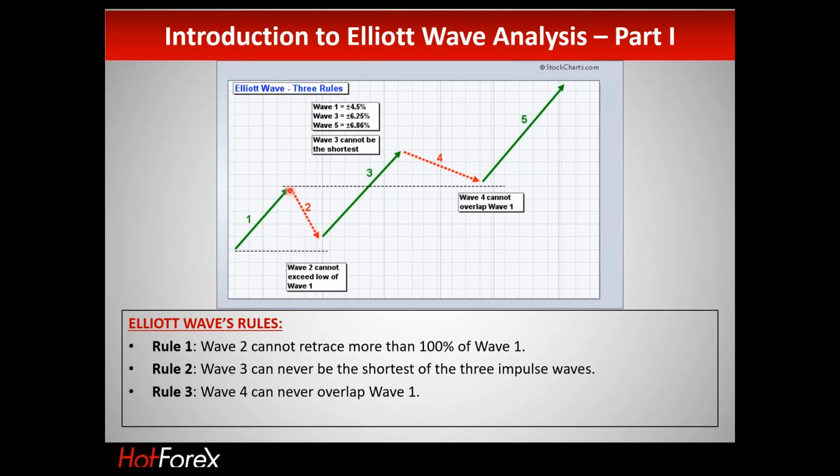Failure to exceed this high means that it will probably retrace downwards again. It cannot confirm an uptrend, or a downtrend, depending on our case. So a failure to exceed this high would actually call for a recount.